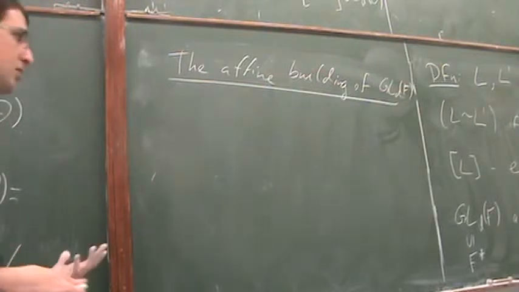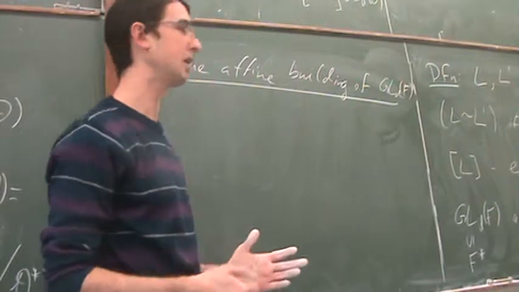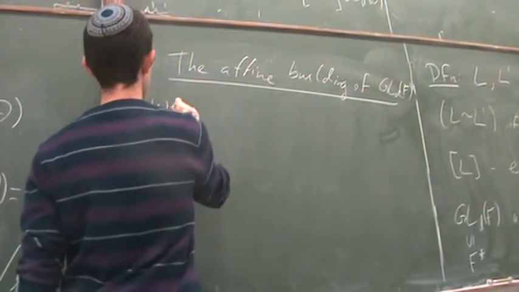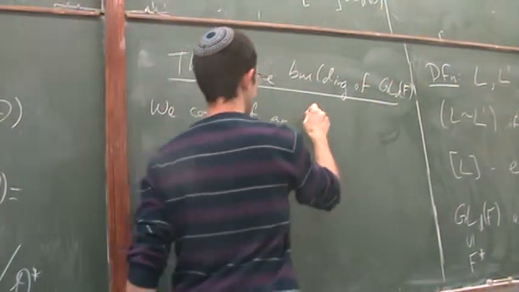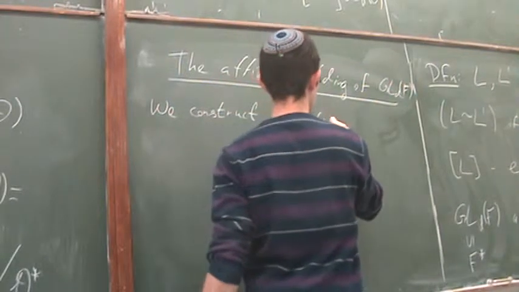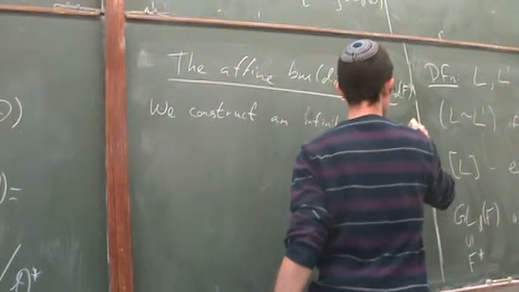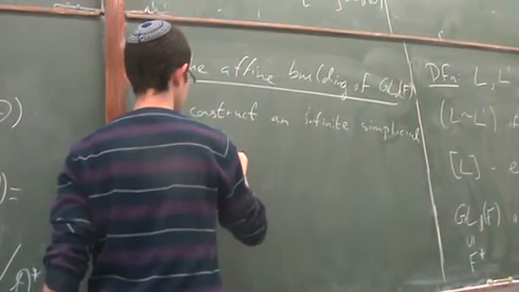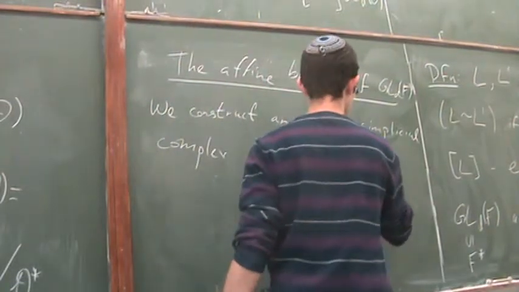There are some combinatorial properties to it, but we are not going to focus on them today. So it's going to be a simplicial complex. So we construct an infinite simplicial complex X as follows.